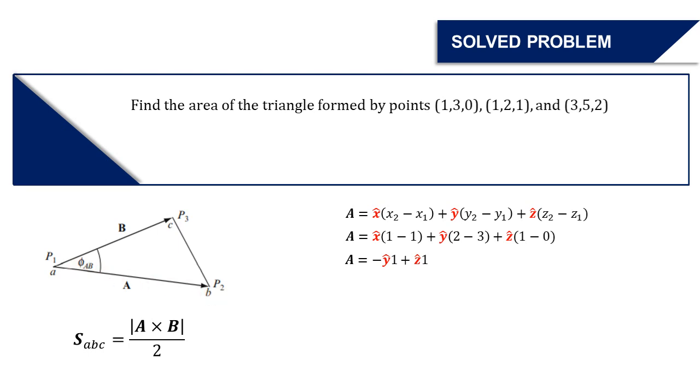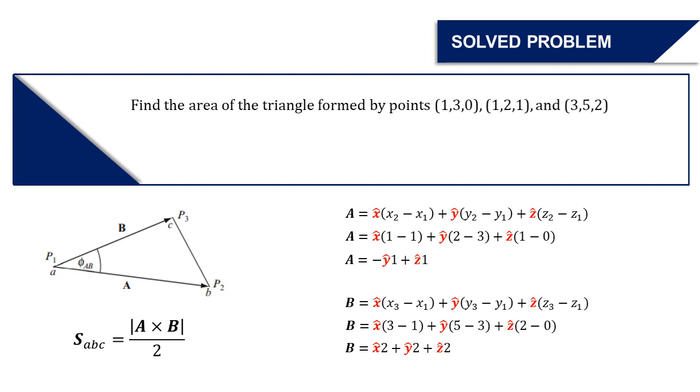It is represented by negative y hat 1 plus z hat 1. Sa B naman, it is the vector from point 1 to point 3, and it is represented by x hat 2 plus y hat 2 plus z hat 2. We now have these two vectors in which pwede natin makuha yung ating vector product, right?